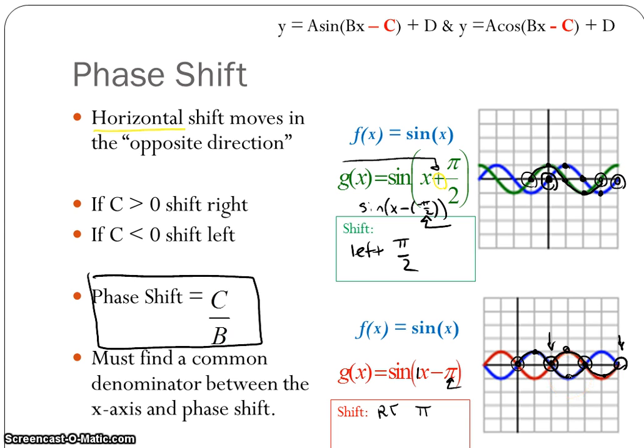So the C over B is going to tell us the phase shift, or where we're going to take our start and shift it over. One thing that we are going to have to note is we are always going to need a common denominator between our x-axis and our phase shift. And that will help us figure out how we need to line things up. Okay, and we'll see that illustrated through examples.